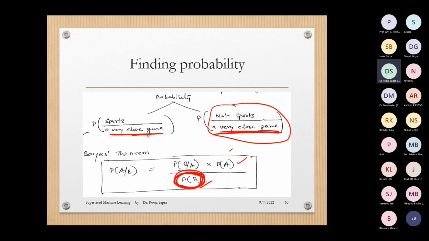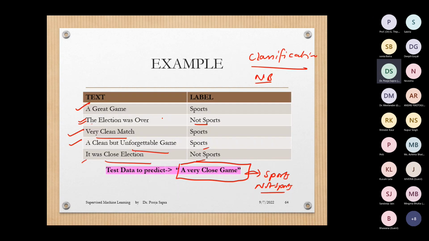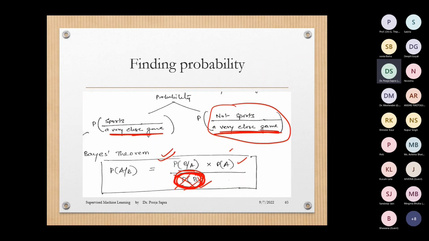Now, because the denominator is the same in both the cases, we can discard the denominator and compare the models on the basis of the numerator only. Any doubt till now? What I said: we are given some text, and I want to label it. To label it, I need to check whether it is from sports or not sports. A test data is given to me, a very close game, and I need to label it, right?